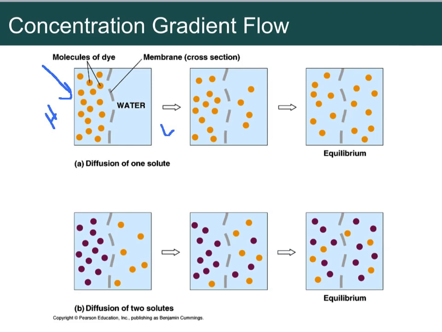So this membrane allows the dye to go through until finally it's the same on both sides. Now it's a lot lighter than it was over here, right? Because if this was a dye, this would be a really dark color, and now this would be a little bit lighter, right? But the same on both sides. So that's what we're going to look at.